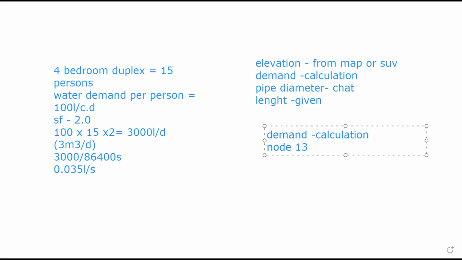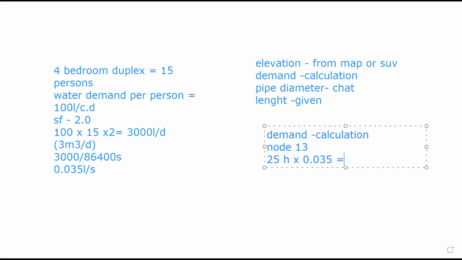The demand for one house is 0.035. Therefore, for node 13, we can comfortably say it will be 25 houses multiplied by the value of one house. This gives you the flow per second that will take care of those houses.